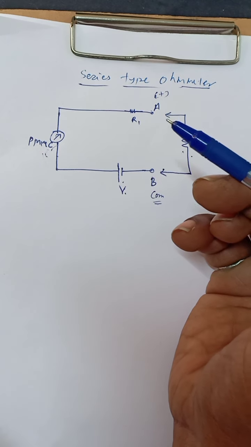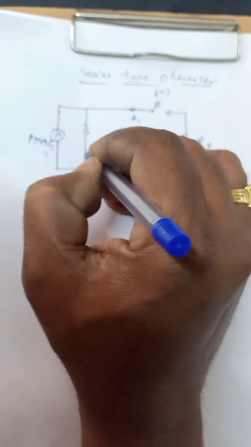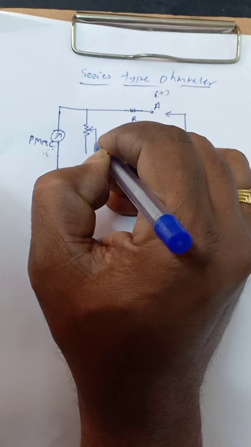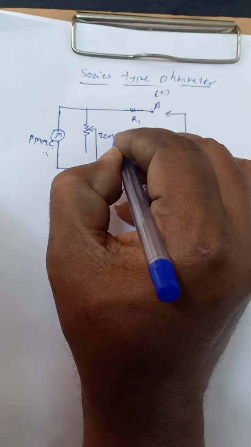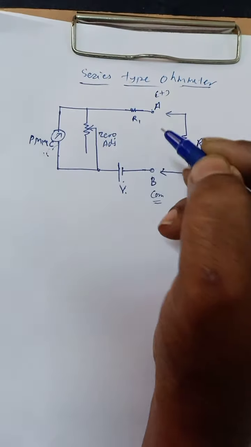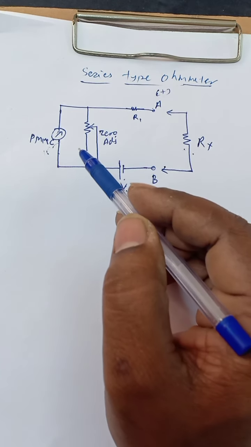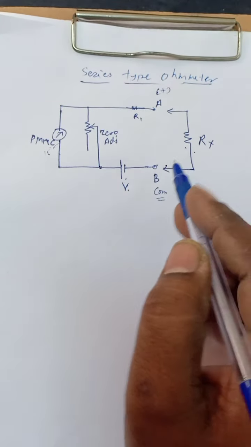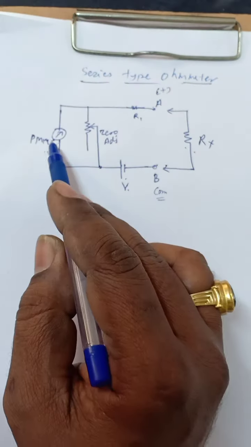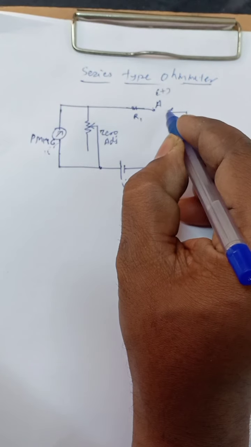And last time I said there is one potentiometer connected in parallel, which is known as zero adjustment. So this potentiometer is used for the zero adjustment. Let us see one by one how A and B are treated, and what is the scale of this ohm meter, how it is calibrated from 0 to some maximum.